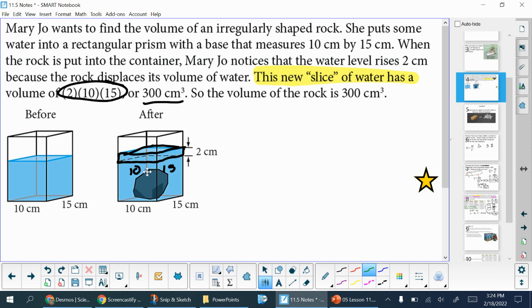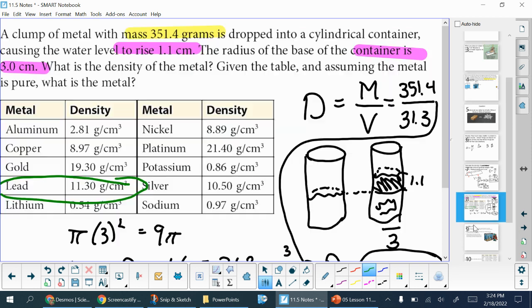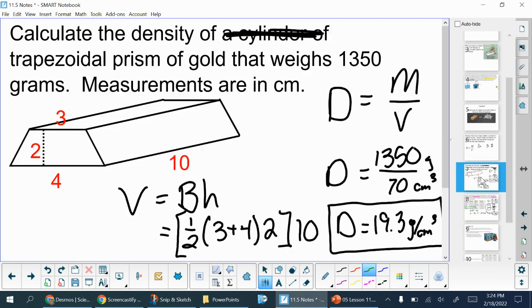Whatever they dropped in there, look at that new slice. Here, when they dropped it in, the water level rose by 1.1. That's the height of the cylinder that you are finding the volume of. There's a reason they don't tell you the height of the container. That doesn't matter at all. So for the base, the height is the amount the water rose. You're good to go. With density questions, density equals mass divided by volume.